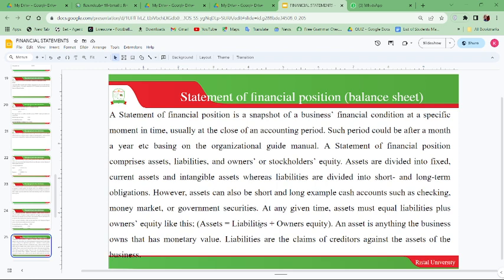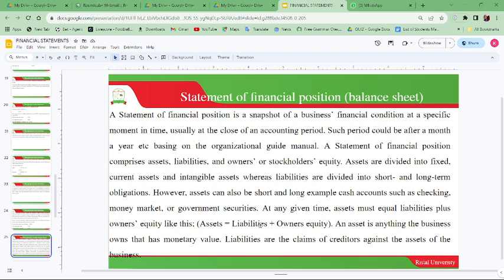A statement of financial position comprises assets, liabilities, and owners' or stakeholders' equity. Assets are divided into fixed, current, and intangible assets, whereas liabilities are divided into short and long-term obligations.